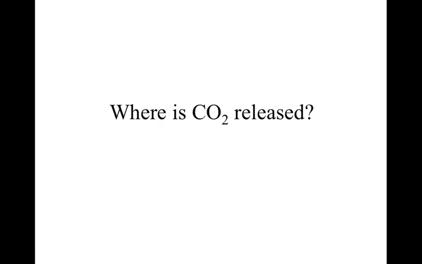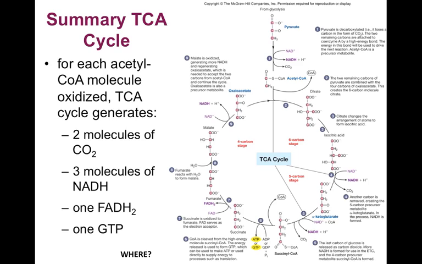So where is CO2 released? CO2 is released during the Krebs cycle, which you may also hear called the citric acid cycle, the TCA cycle, or the tricarboxylic acid cycle. In the citric acid cycle, pyruvate comes in as acetyl-CoA.